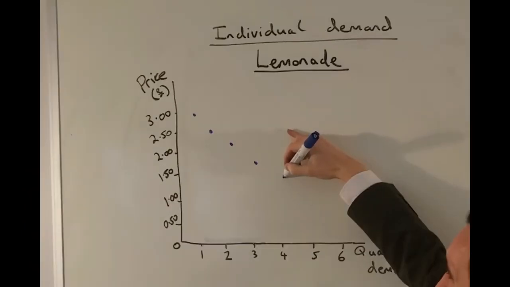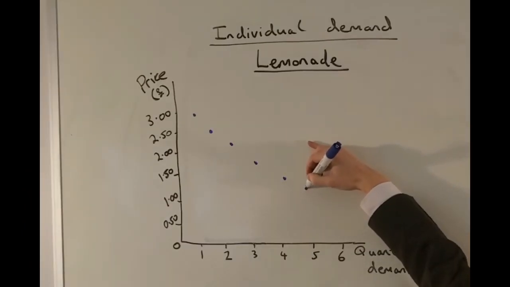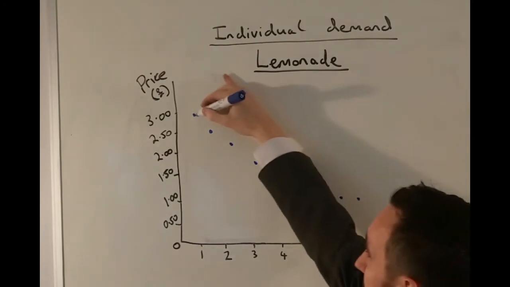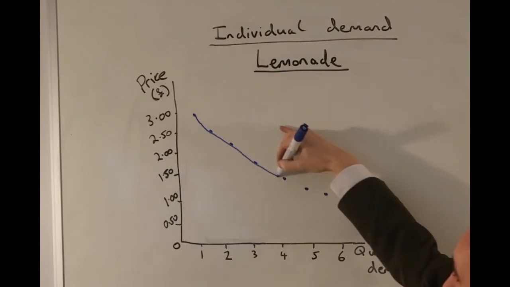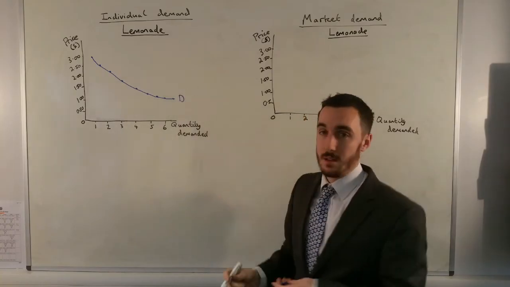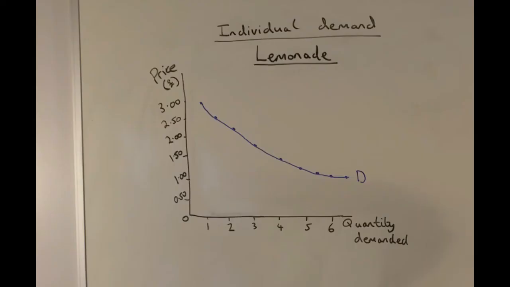And as you can see, my demand as the price goes down actually starts to peter off. My individual demand curve begins to look downsloping, yes, but at a decreasing rate. And we label that D for demand curve. So here we have the individual demand curve, and we can see from this demand curve that as the price goes down, the quantity demanded goes up.